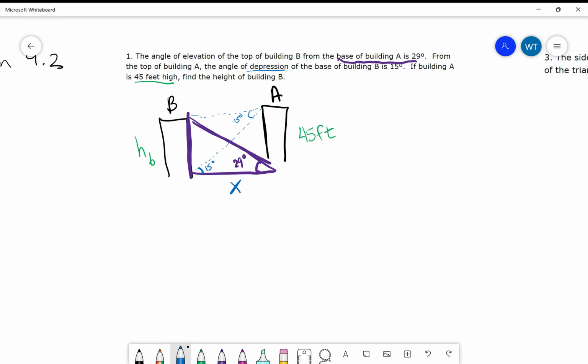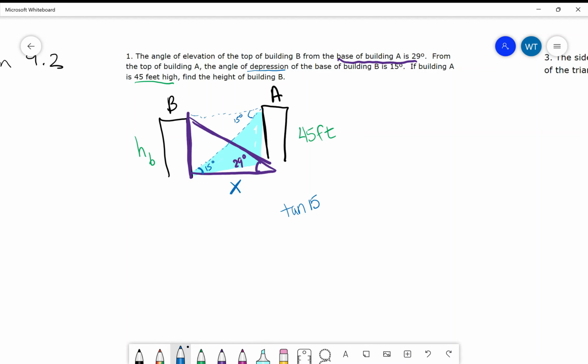So we're going to use tan theta for our first triangle, tan 15, because we are going to start off with this section right here first.